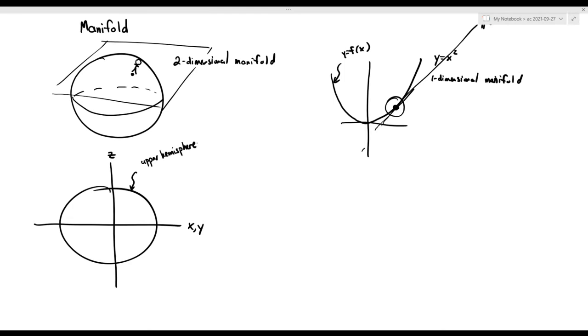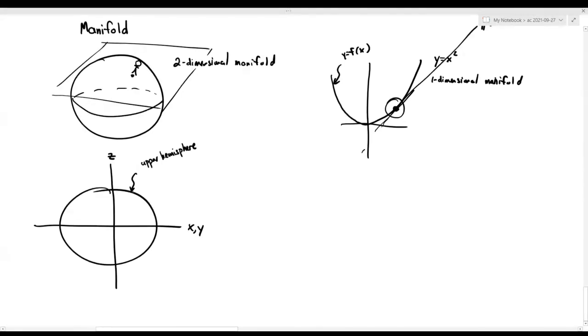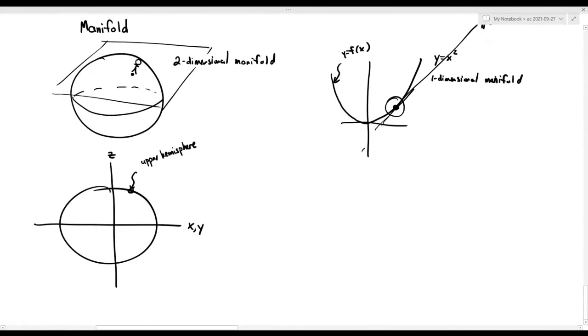I kind of gave it away. So at a point on the upper hemisphere, can we think of one of the variables as a function of the other two? Which one? Z. Yeah.